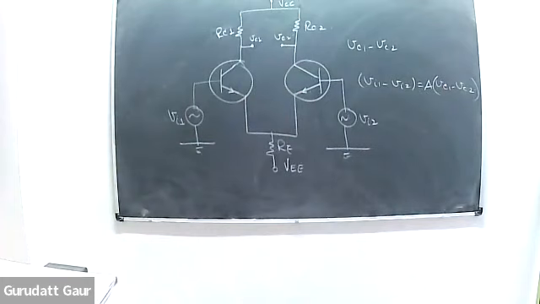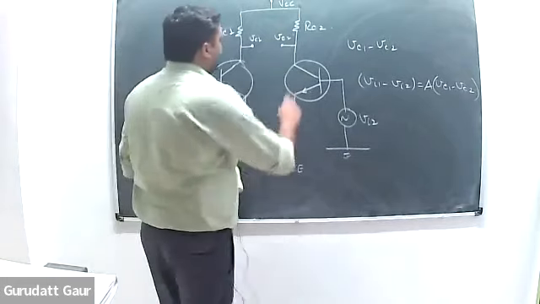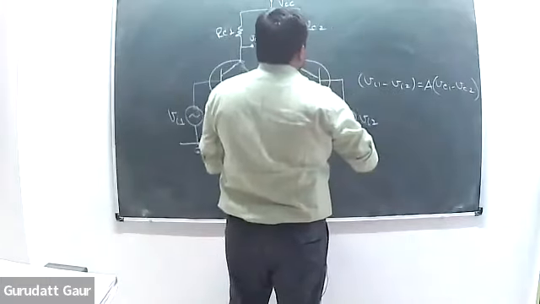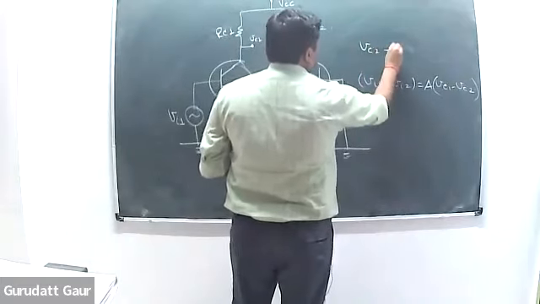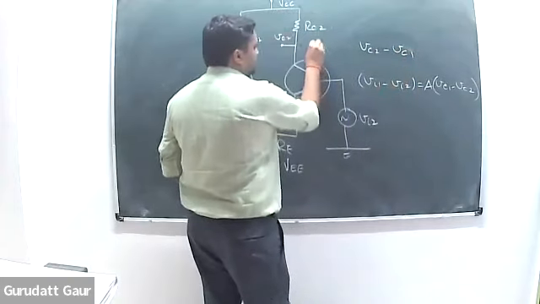Right? So output voltage will be, but that depends on which one we are taking with respect to which one. So generally we make this as a VC2 minus V1. We take it this way. So this is V out.